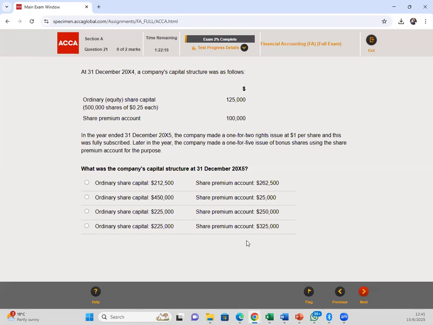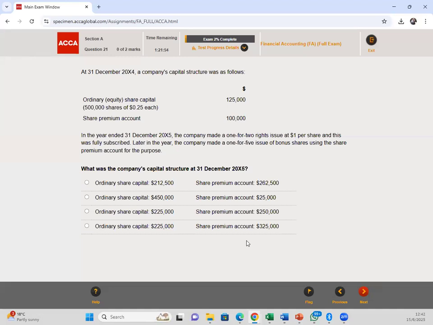So let's try together. Since you have worked it out, now you know the information, or if you have a phone, you can take a pic so that I won't have to be coming back to this screen. You can help me out with the amounts. So the company made a 1 for 2 rights issue. This was fully subscribed.